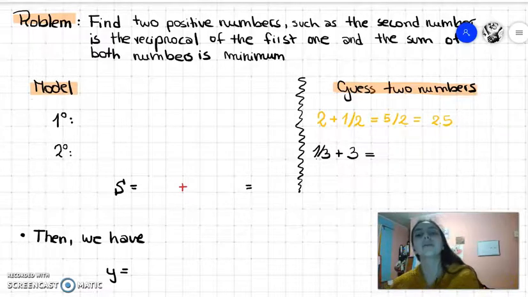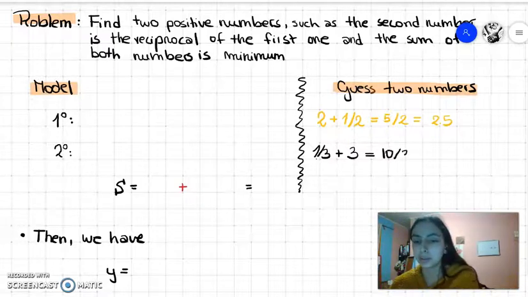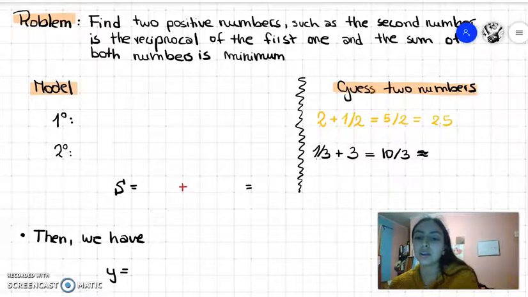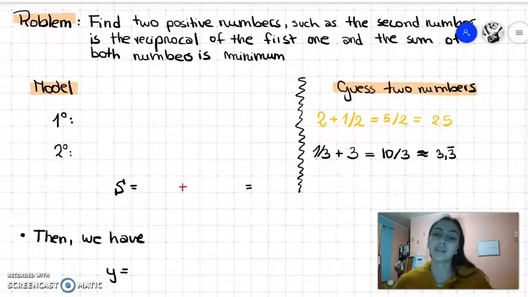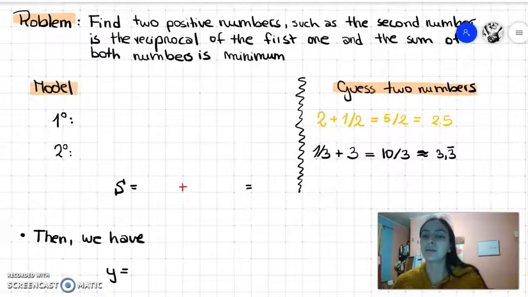So we'll have 3 times 3 plus 1, we'll have 10 thirds. And we can now approximate that to 3.3 periodical.